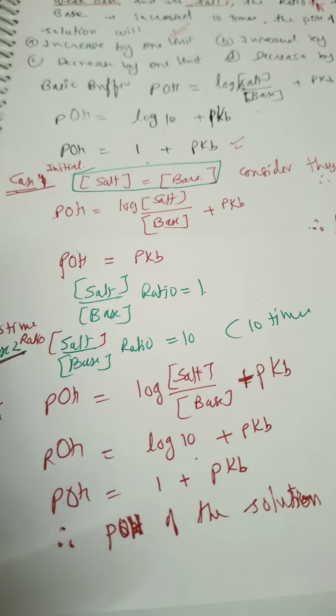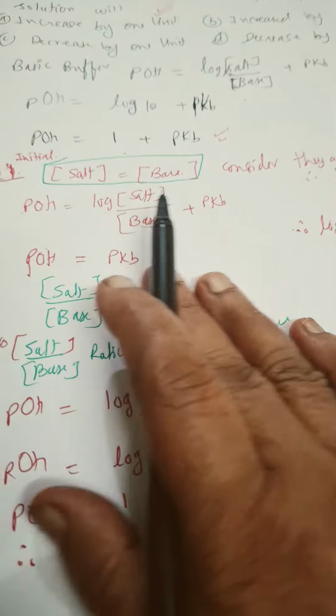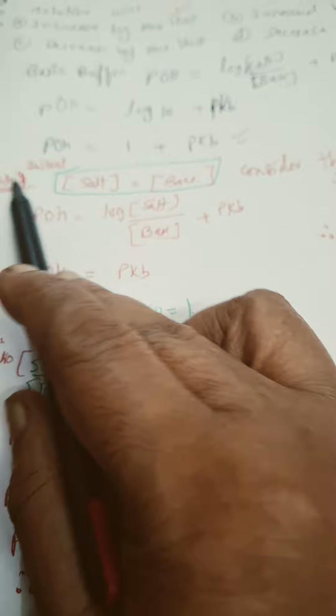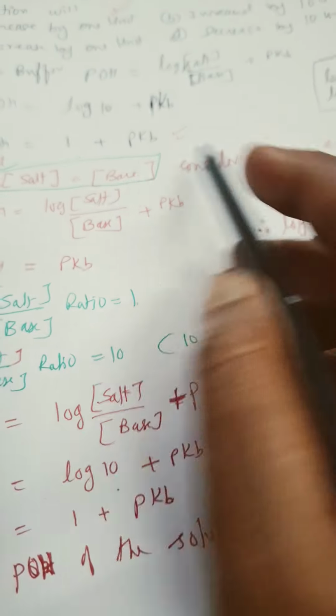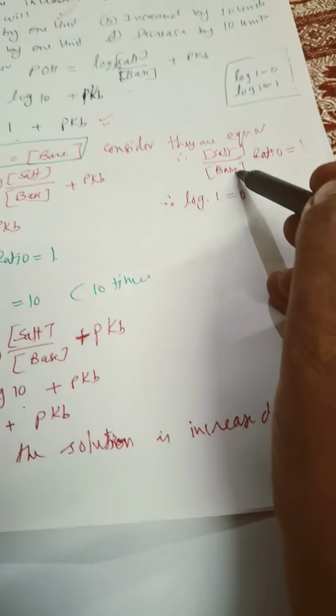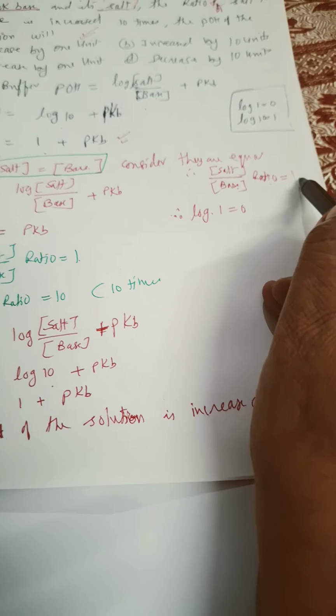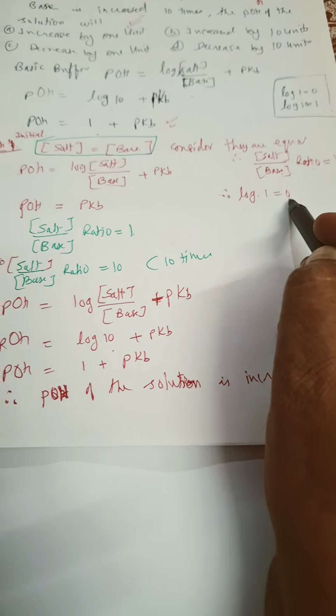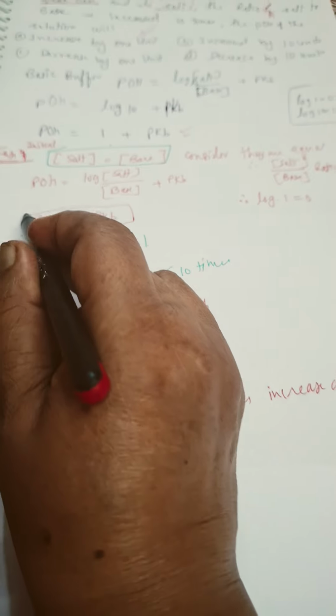For a hurry you can do it this way, but for exams you should know that in case 1, initially when salt and base ratio are equal, the ratio of salt by base is equal to 1. So log 1 is equal to 0. So pOH is equal to pKb at that time.